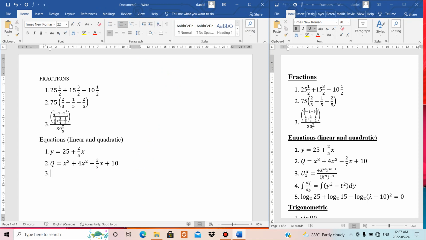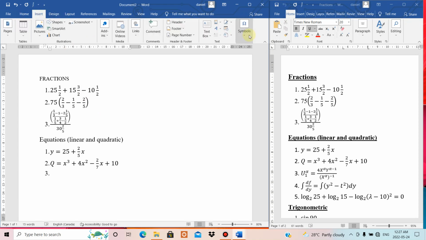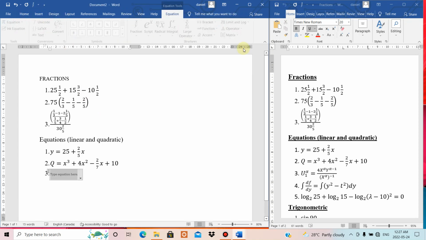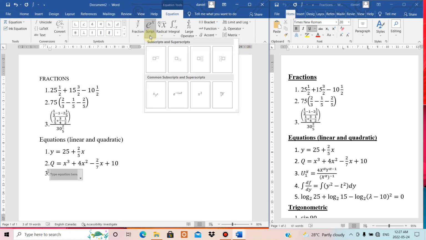Now the third expression has a subscript and a superscript and a fraction. It has a subscript, superscript, and a fraction. Also contains a bracket. You get it? So you still navigate to insert symbols, equations. Now we'll go to script. We need a subscript and a superscript. So we click on that.